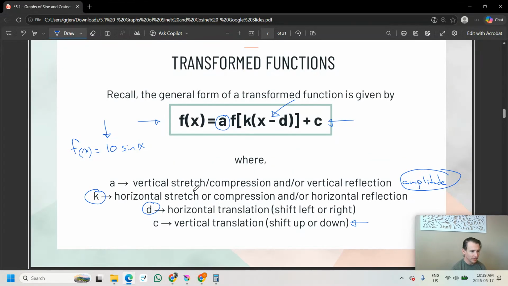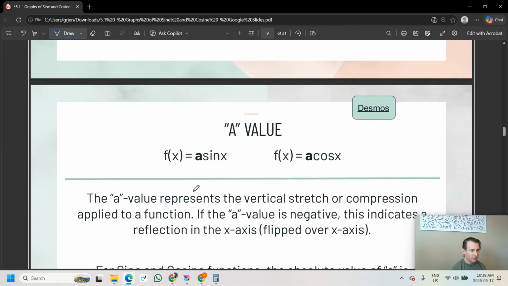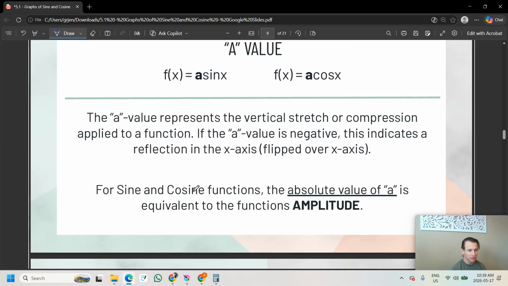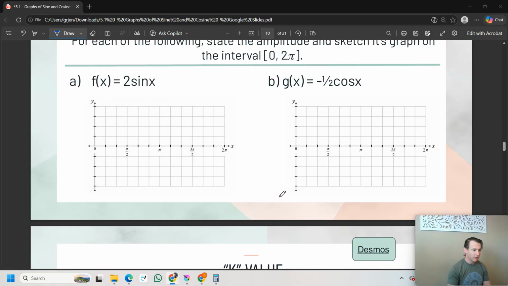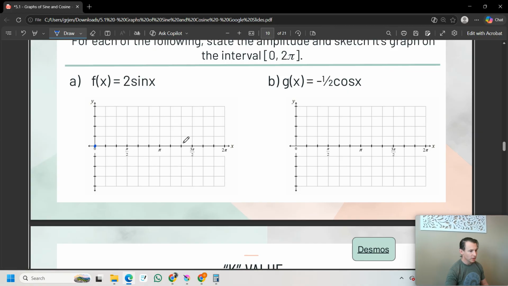Let's keep going. All right, so now when we have these a values, that absolutely corresponds to amplitude. So let's go ahead and graph some. If you have f of x is equal to 2 sine x, what I would do is just get my quarter periods. So there we go. There's 1 and there's 1. I know that it starts at spring and ends at spring. So there we go. The next thing is right in the middle.